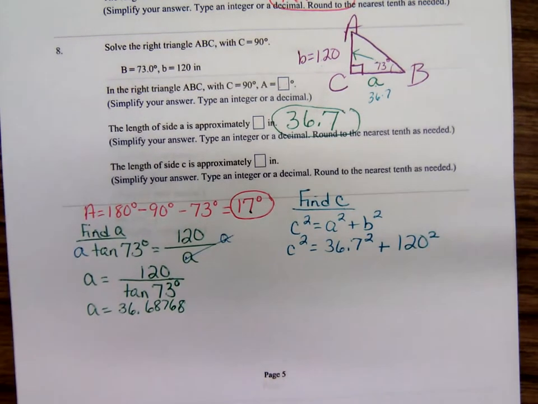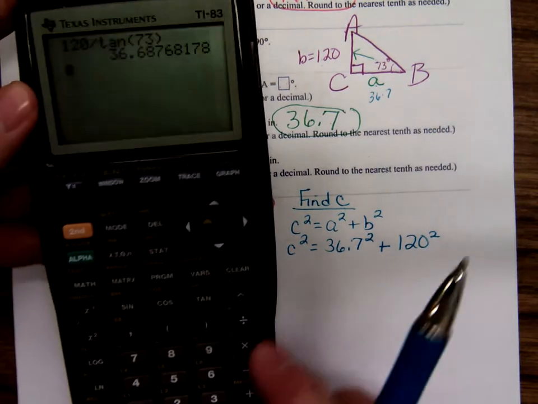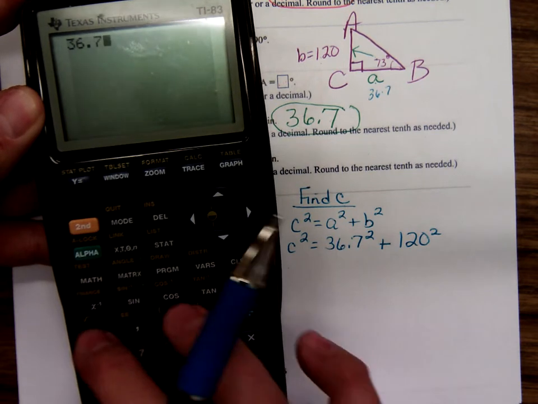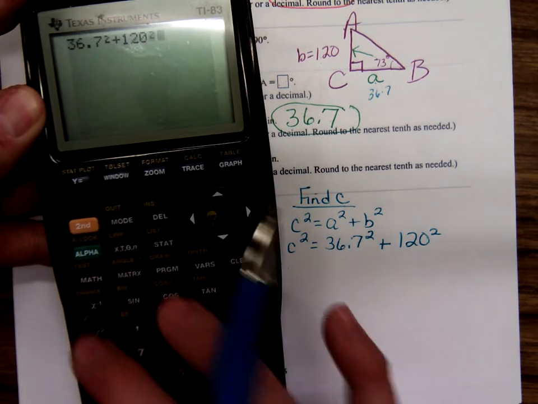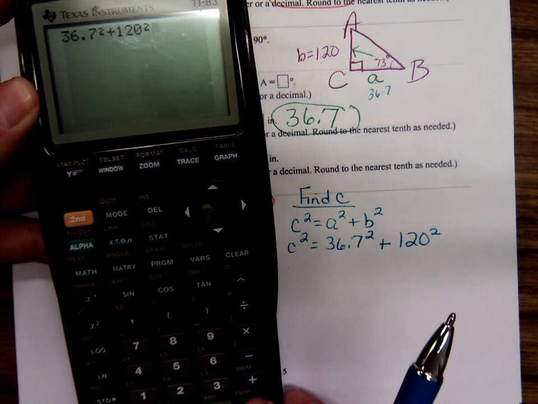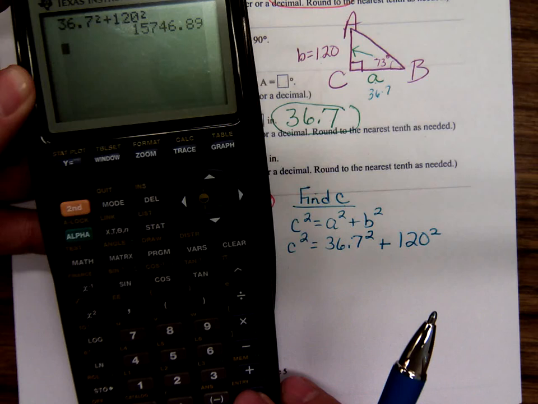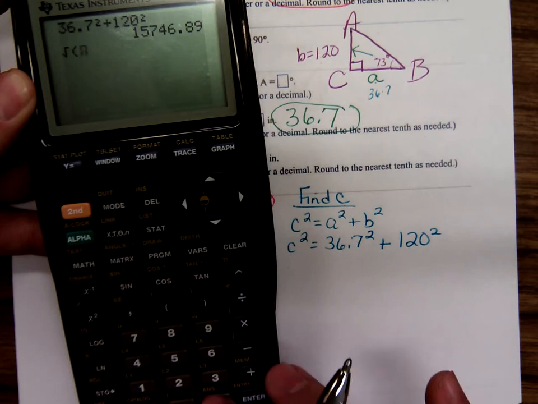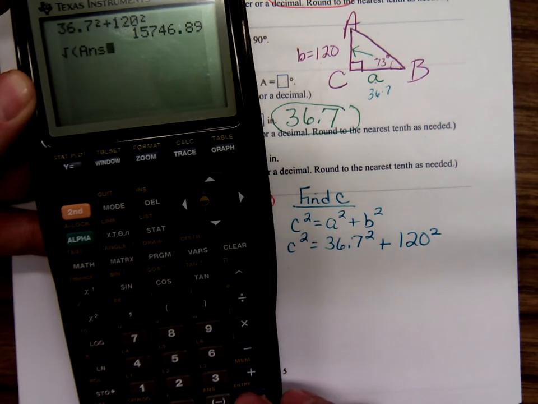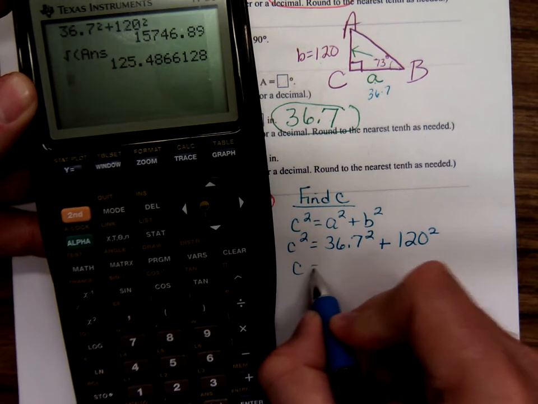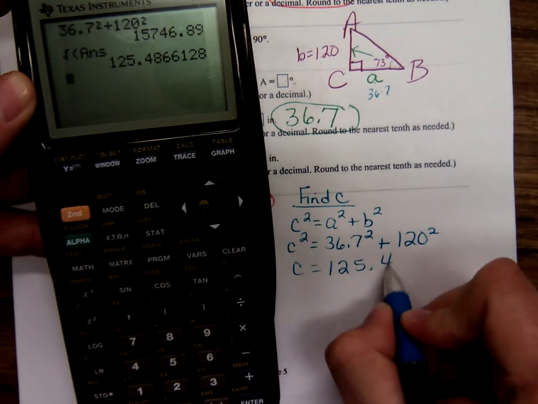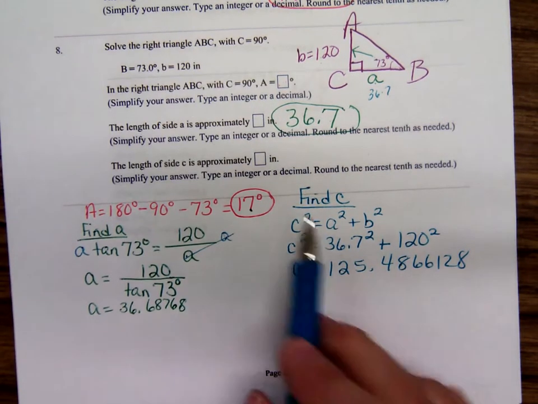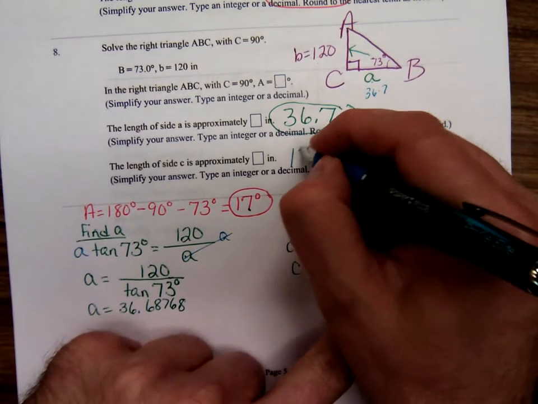So add those together. Hit enter. And then take the square root of that number. Second square root, second ANS just pulls up the 15,746. So C is 125.4866128. Round to the nearest tenth, so 125.5.